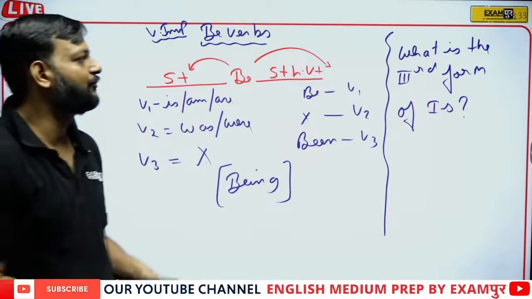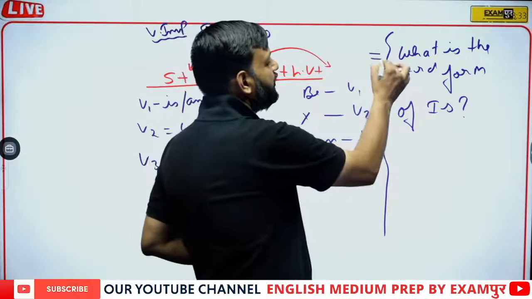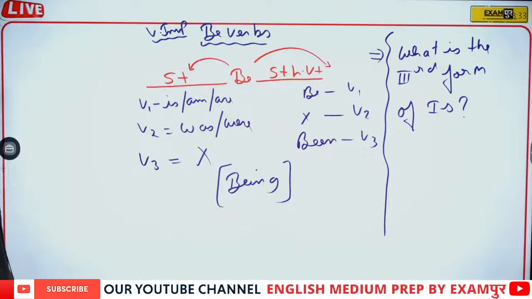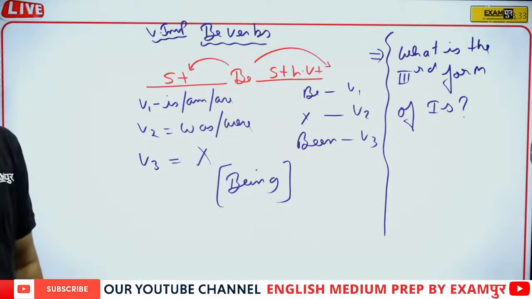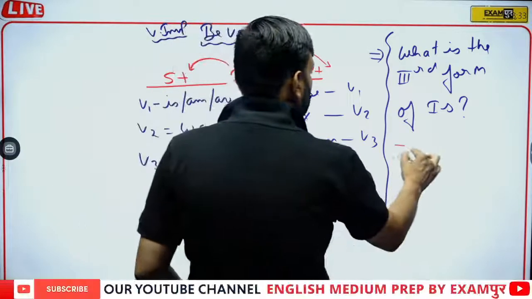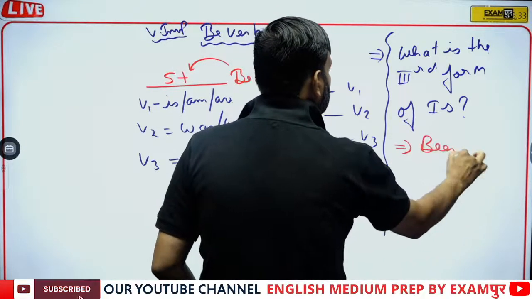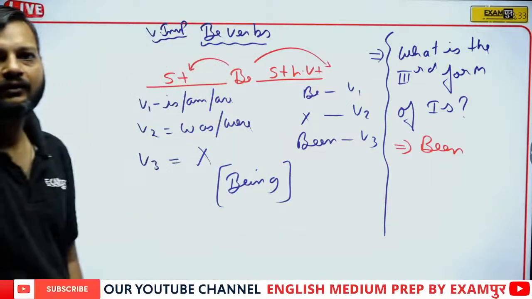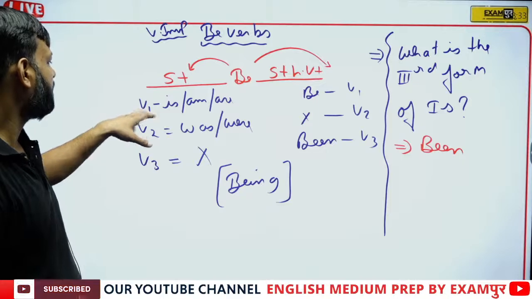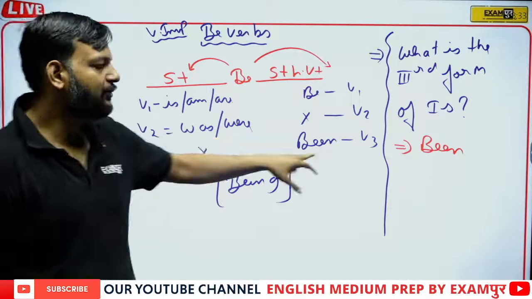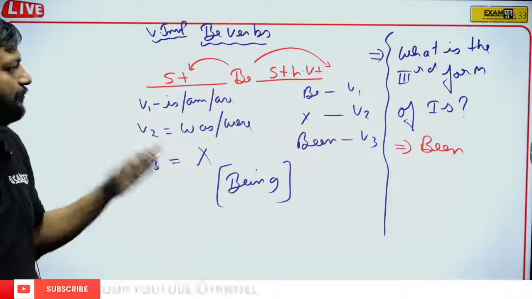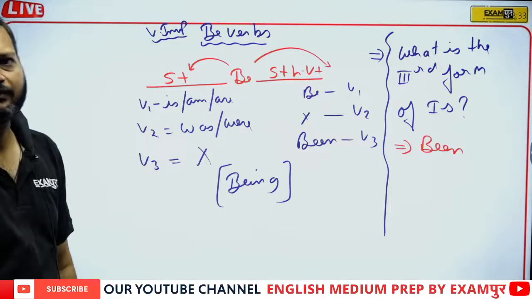My question is this: what is the third form of is? The answer is been. Third form of is been. Because is, am, are is the first form, and third form is been. Okay, so all these are be verbs. Right?